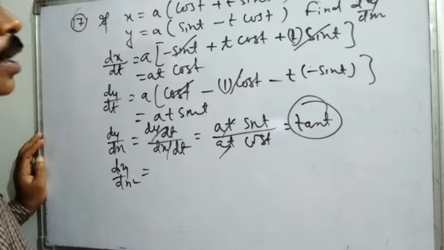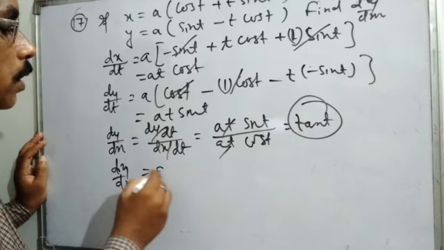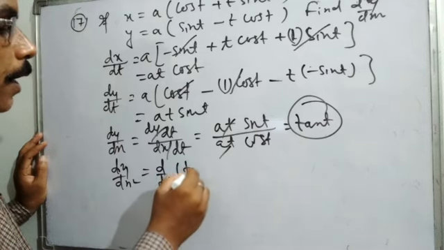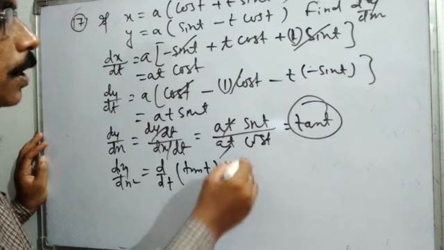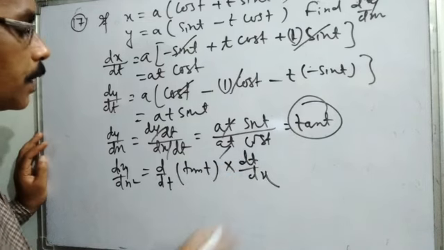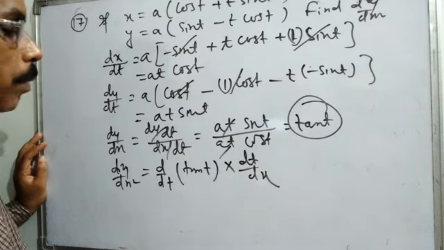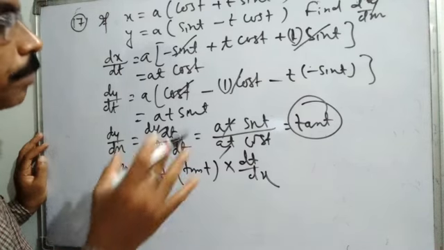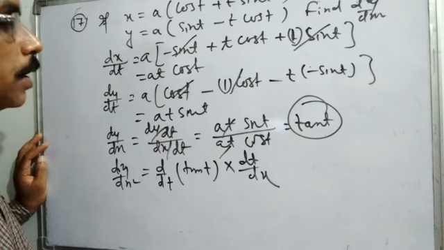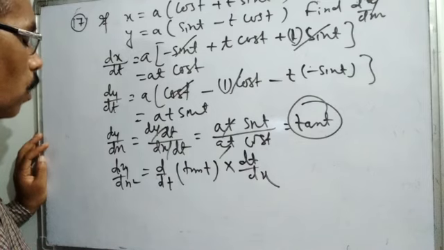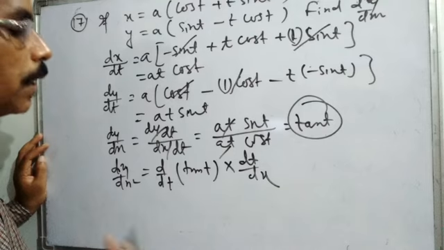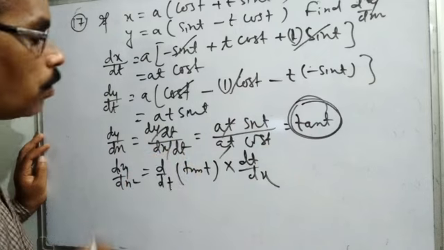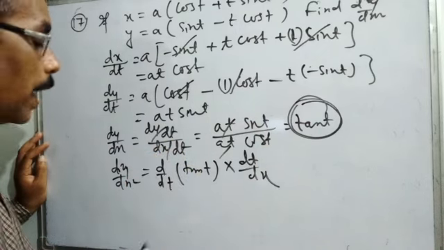So you have to use the chain rule here, that is d/dt of tan t into dt/dx. Maximum students make a mistake in this question: they directly find the value of d2y/dx2 as sec square t, but it will be wrong because this is a function of t. We have to find the derivative with respect to x.